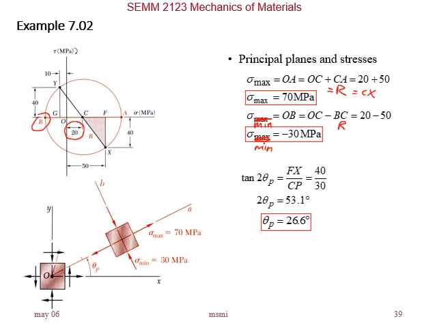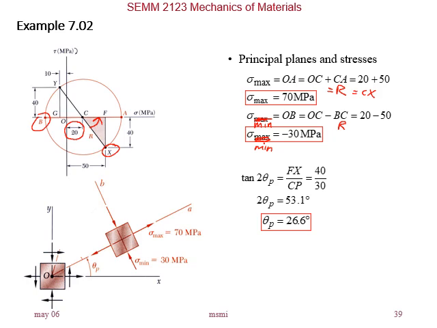Now to find the direction or location of the principal plane, we need to find the angle. Now we know that AC represents the plane for principal 1 or maximum normal stress. It is located counterclockwise from our reference X. So how do you get this angle here?